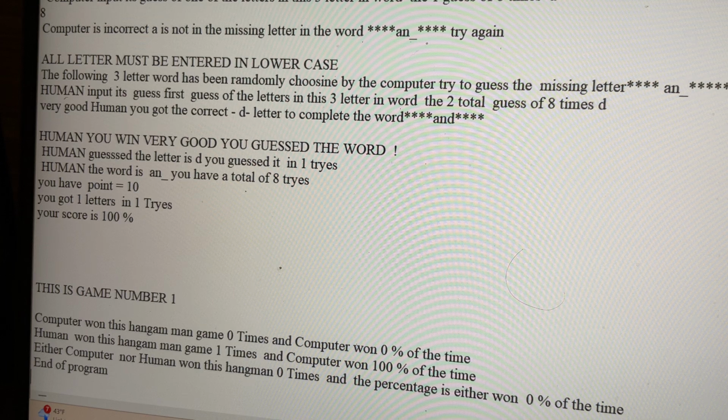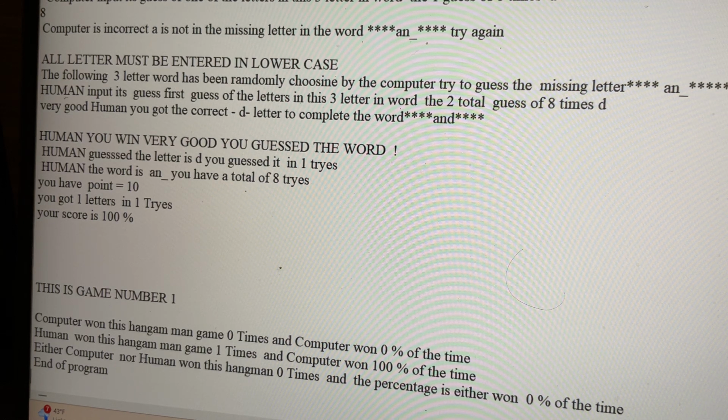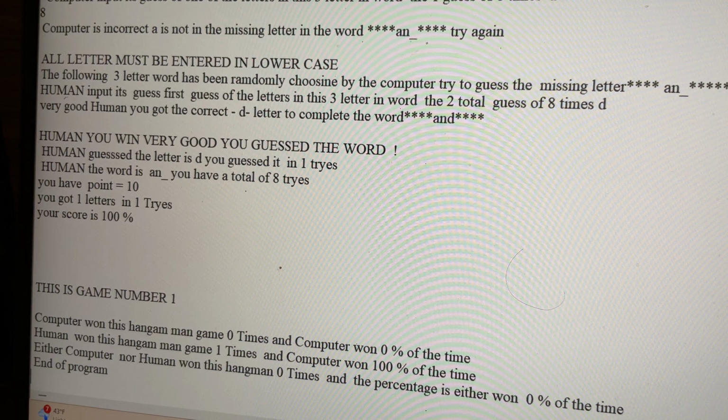Neither computer nor human won Hangman 0% of the time. And then end program. So it's scoring you on the specific game, and it's giving you the results of the total number of games that you played.